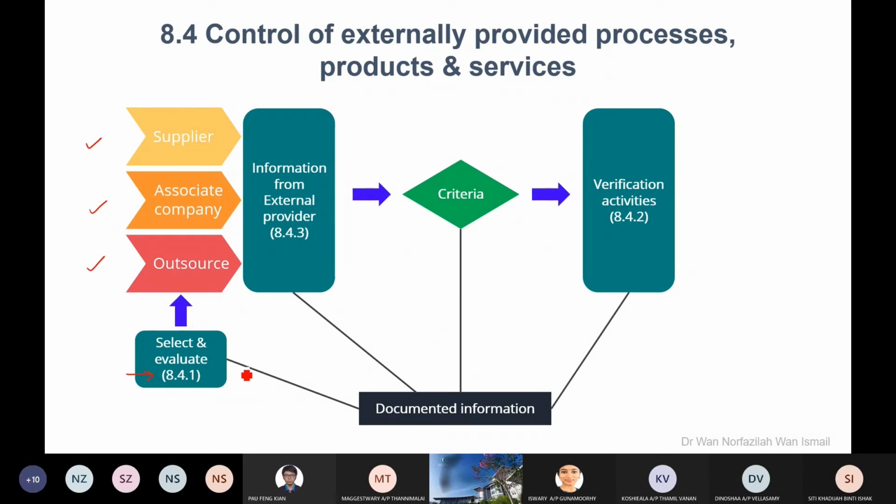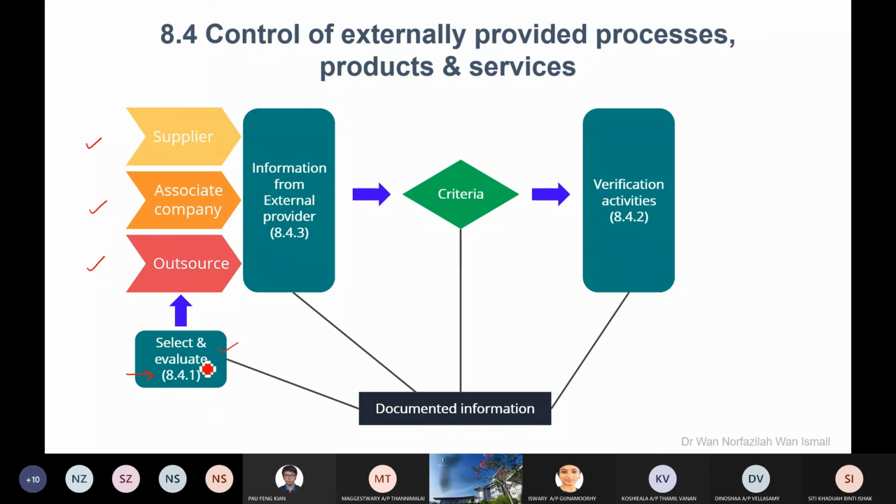No, you cannot do something like that. That we call a conflict of interest. So how to do it properly according to ISO 9001, to avoid conflict of interest or any problem in future? You need to select and evaluate.